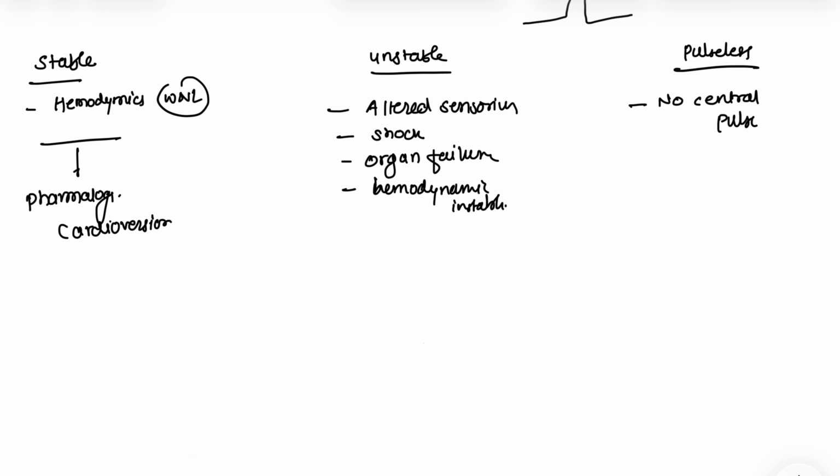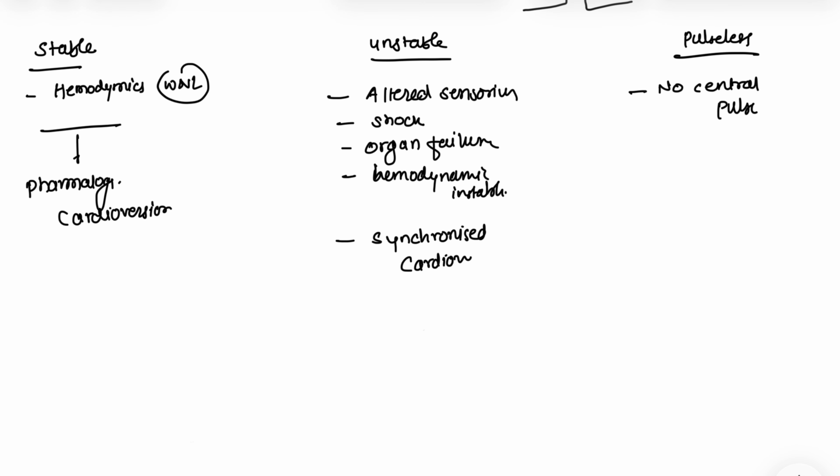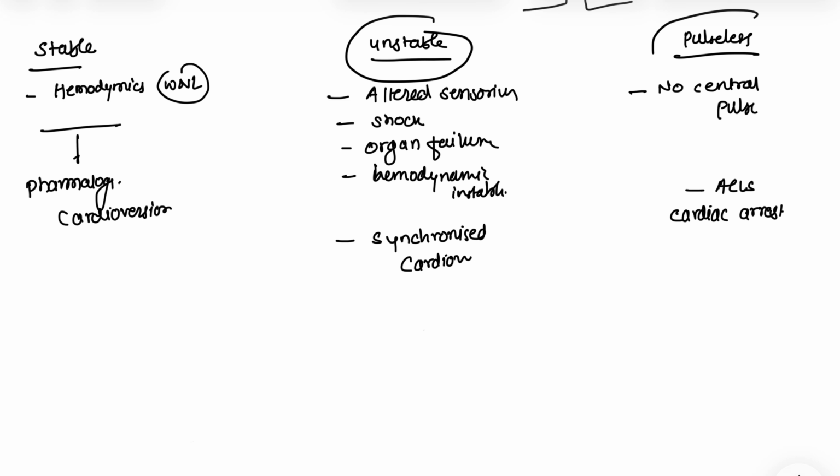For most unstable patients, we will go for synchronized cardioversion. And for the pulseless, we will start with the ACLS protocol of cardiac arrest. So what is the difference between the unstable one and the pulseless one? What is the basic pathophysiology behind these two terminologies?